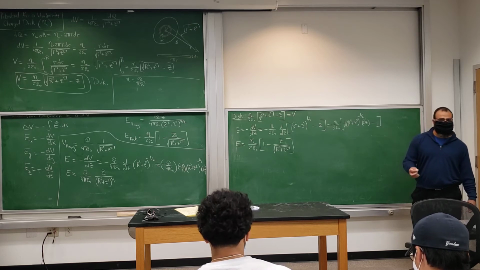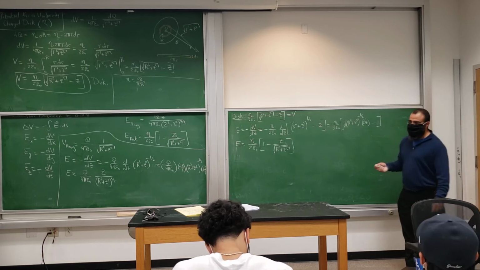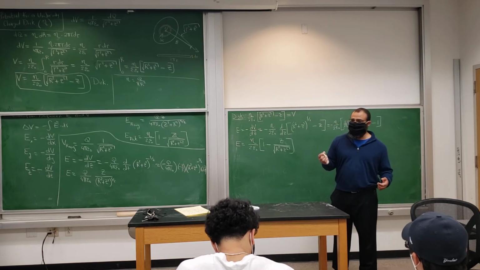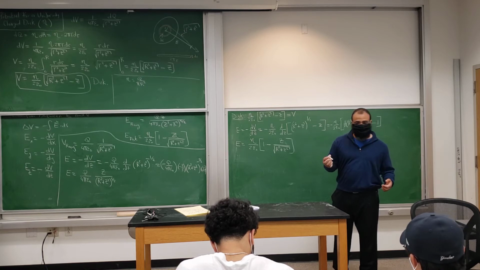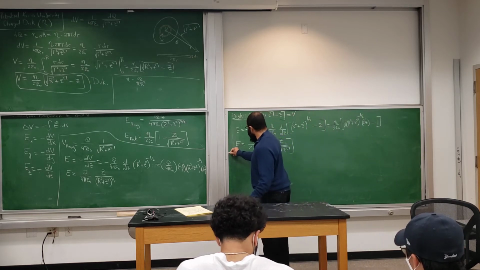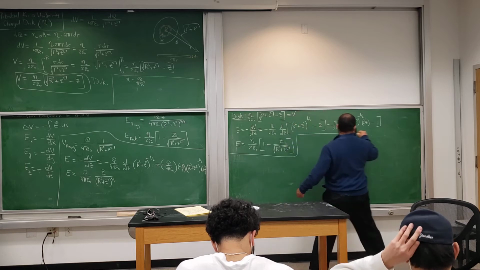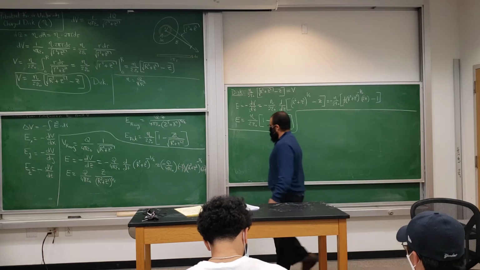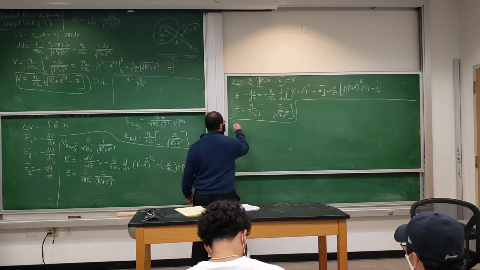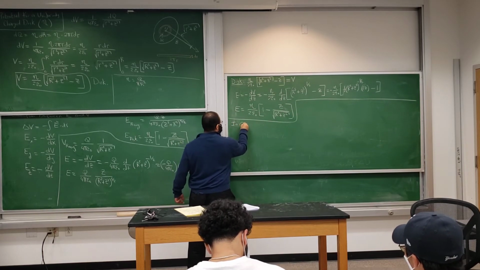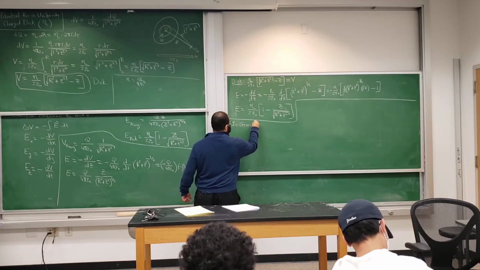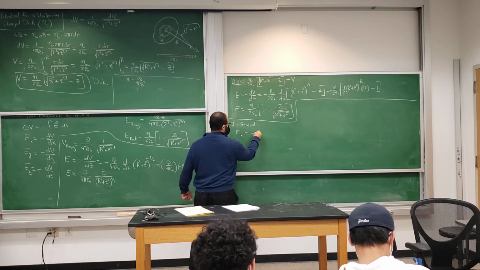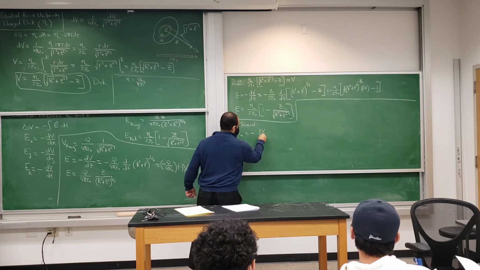So just to summarize, in general, if you have the potential function, it would be a function of x, y, and z, maybe 3 different variables. In general, the x component of the electric field will be minus dV dx.